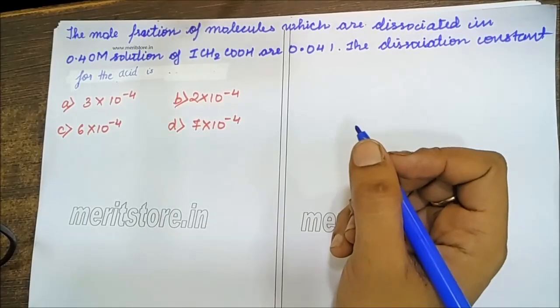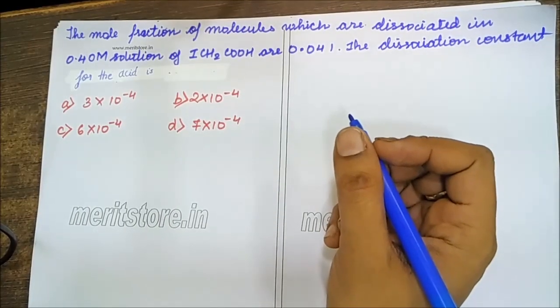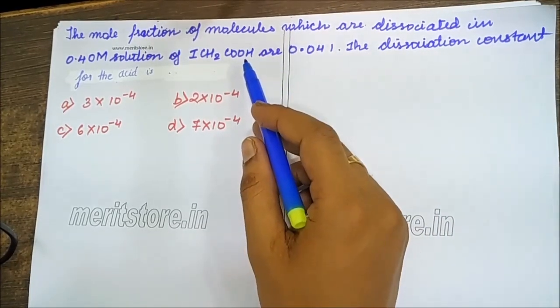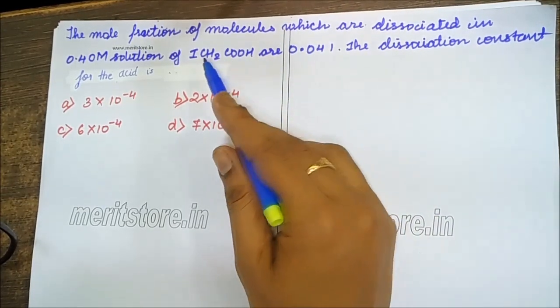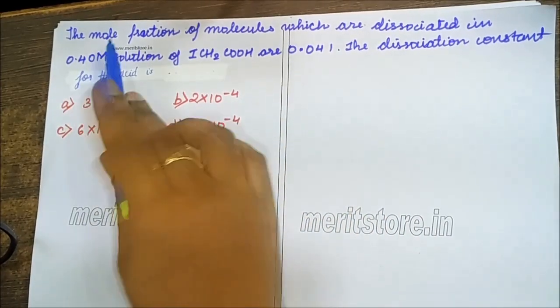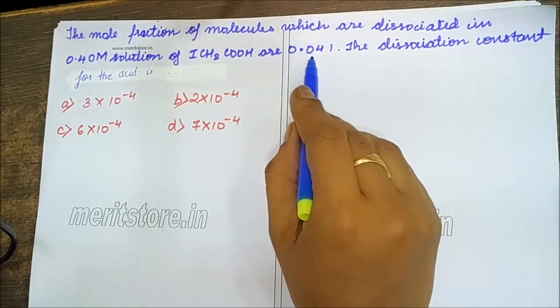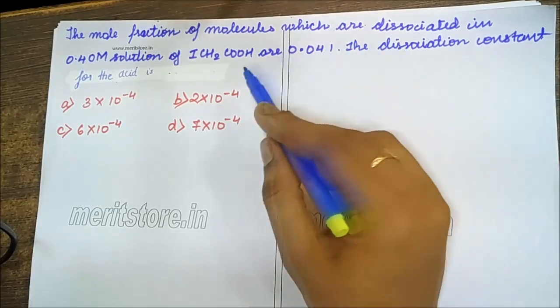Next, the question says the mole fraction of molecules which are dissociated in 0.4 molar solution. So this is my concentration of this salt, and the degree of dissociation is 0.041.